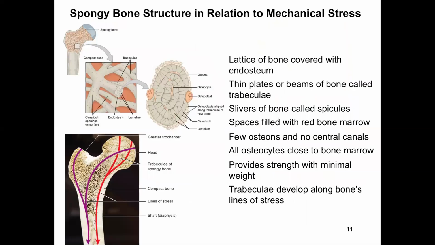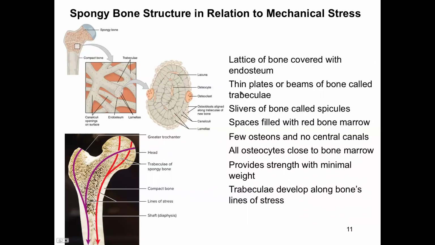All right, so spongy bone in relation to mechanical stress. Remember with the spongy bone, you have these trabeculae. And the really interesting thing here is, remember you've got the lattice in the middle part, and it's covered with the endosteum.